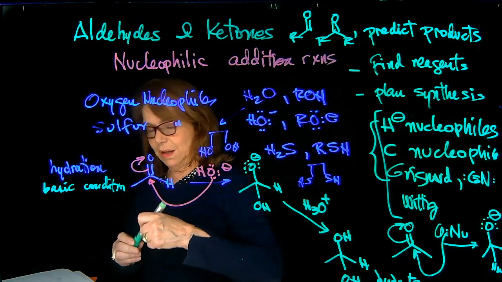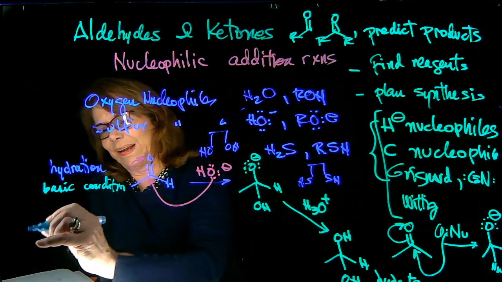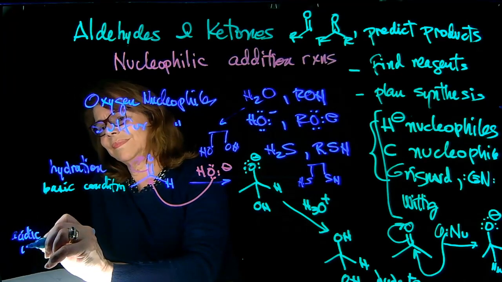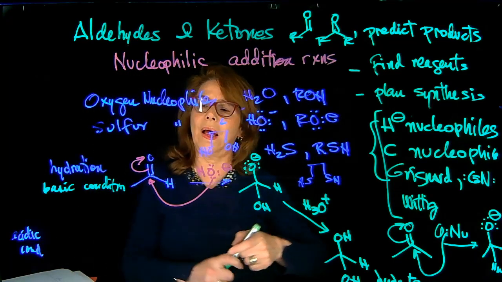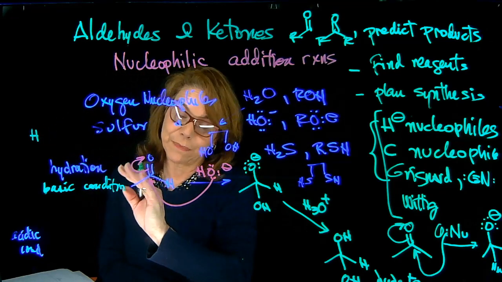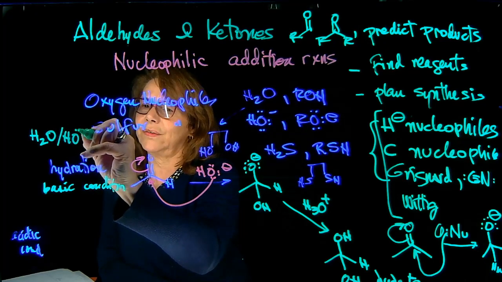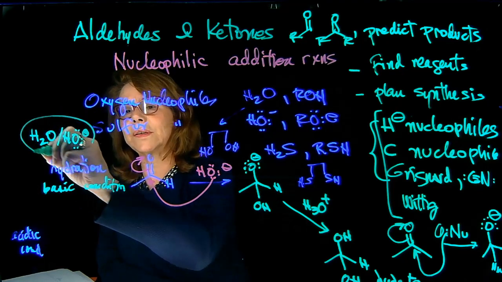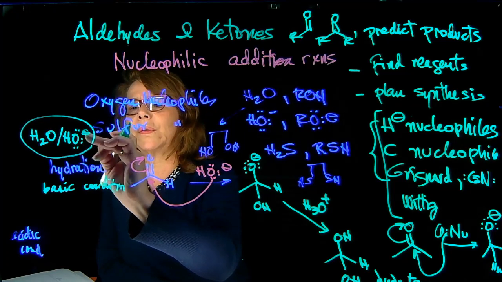Okay, now the hydration of a ketone or aldehyde can also happen under acidic condition. Notice under basic condition, the major species will be water and hydroxide as your solvent, say. We need to pay attention to that when we are proposing a mechanism.